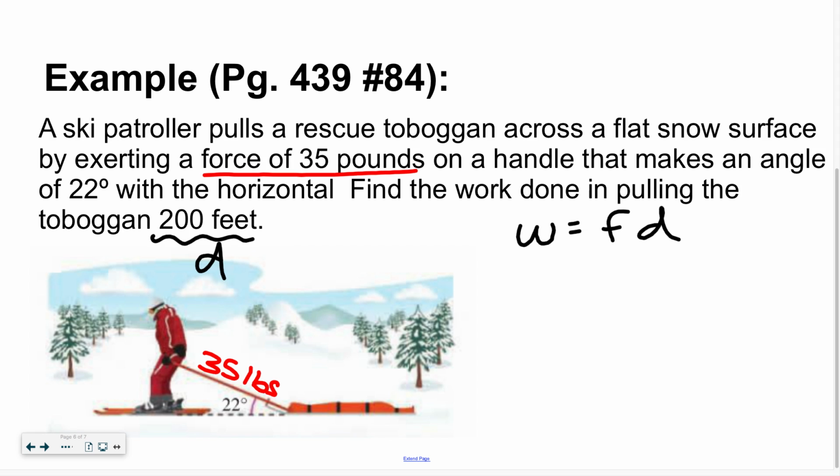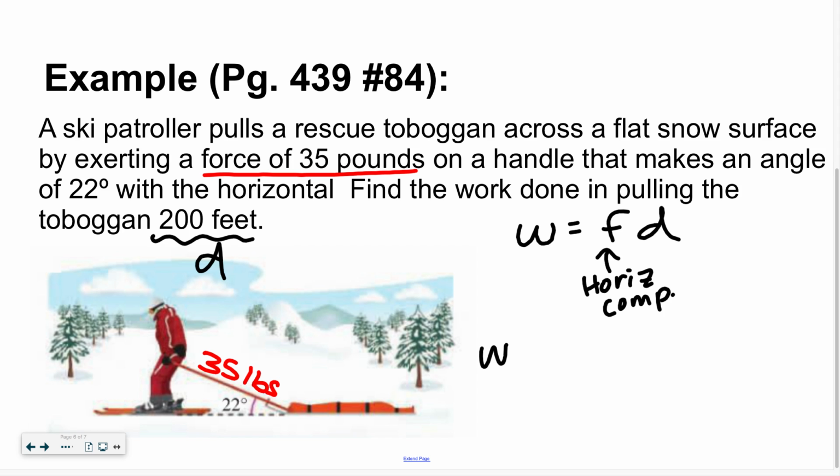For force, we want only the component of force that matters to pull this rescue toboggan in the direction that it moves, which is which direction? Vertical or horizontal? Horizontal. It's a flat snow surface, and he's pulling it horizontally, so we want the horizontal component of force.